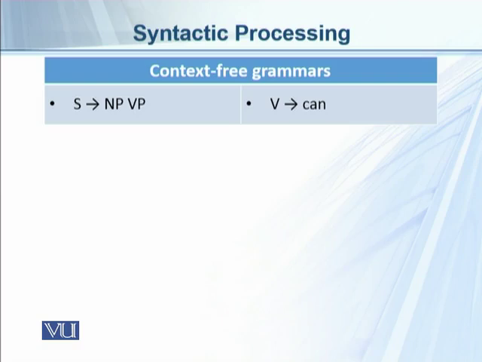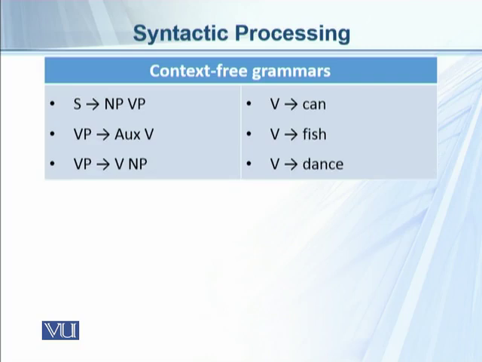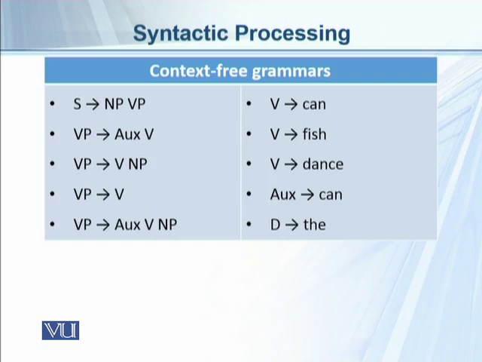It has the program that knows that a sentence consists of NP and VP, and a VP consists of an auxiliary and a verb. Similarly, a VP can also be a verb and a noun phrase, and a verb phrase can consist of a verb, as well as an auxiliary, a verb and a noun phrase.